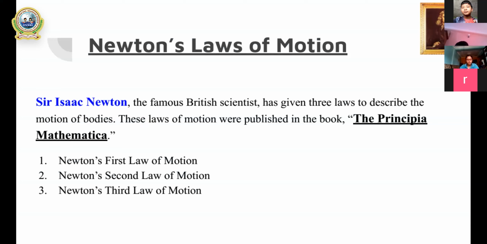So the book where we find the laws of motion given by Newton is the Principia Mathematica, and there are three laws for the motion of a body: Newton's first law of motion, Newton's second law of motion, and Newton's third law of motion. So first, second, and third.